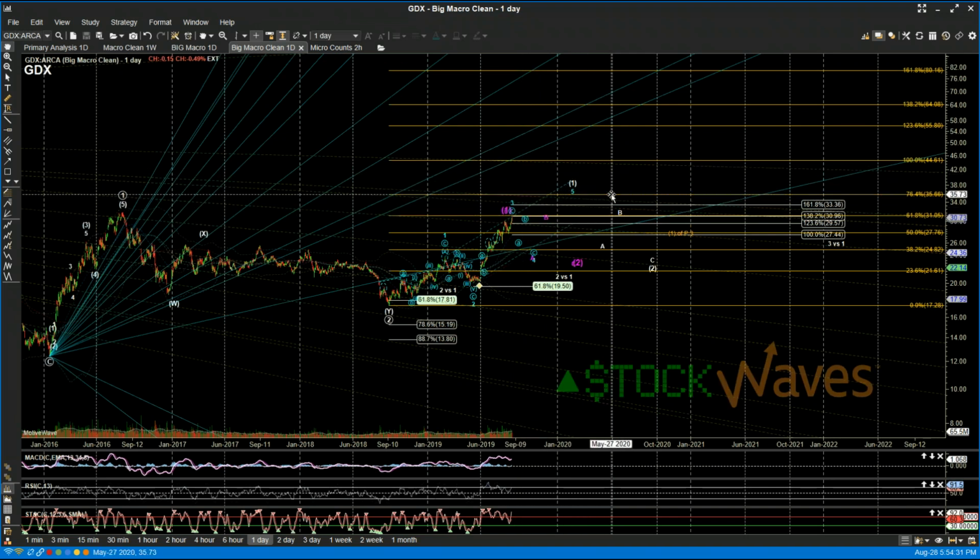But it's much easier for us to add things that are clearly breaking out than to try and panic sell when support starts to break. We would much rather sell into strength, which is exactly what we did back here in January and February as well.